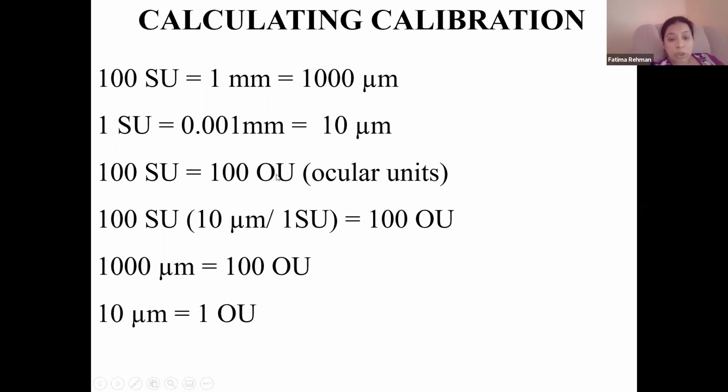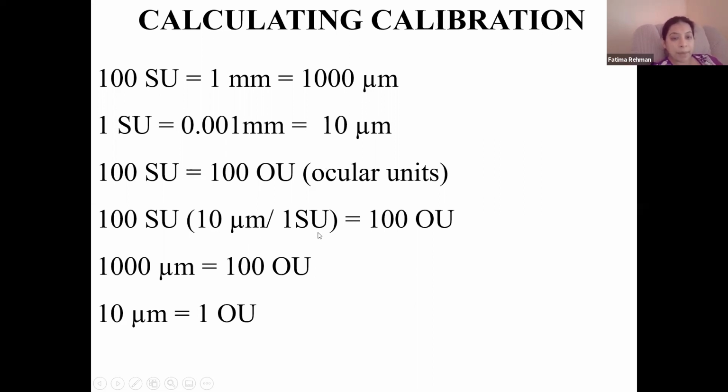So that's all good, but that doesn't give me an actual measurement to go by. To do that, I have to convert the stage units into an actual unit of measurement, which is micrometer in our case. So I multiply by the conversion factor that I know. So 100 stage units, where each stage unit is equal to 10 micrometer.